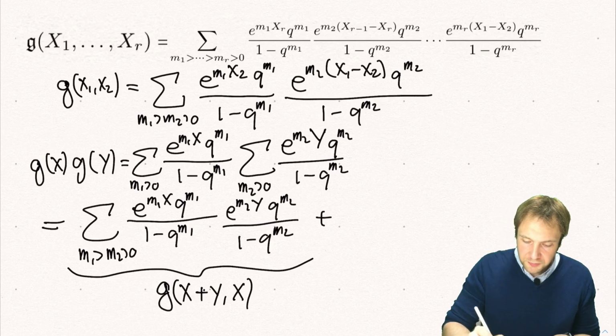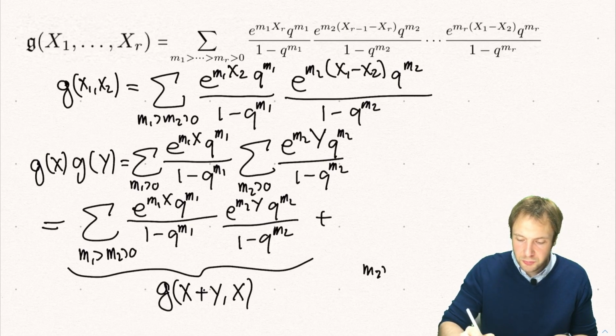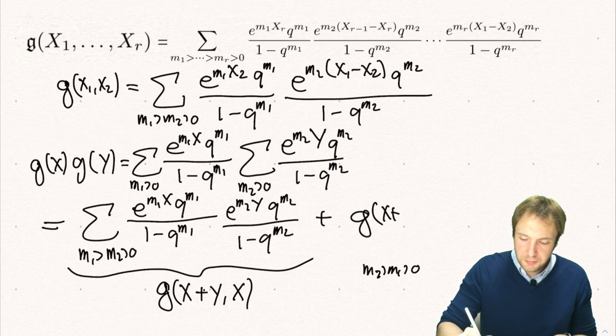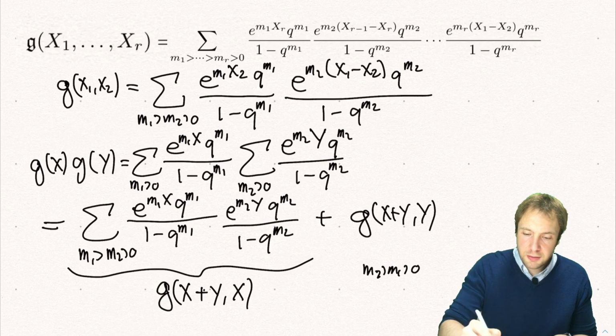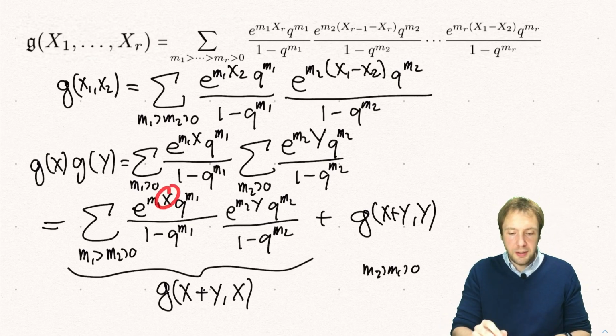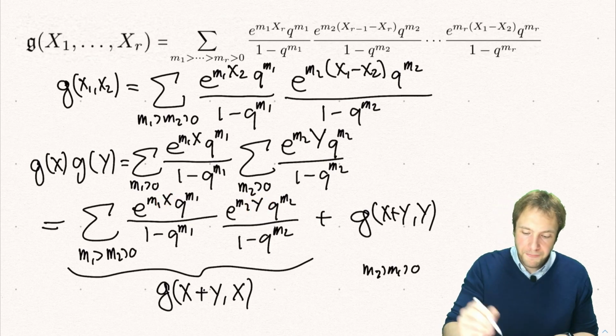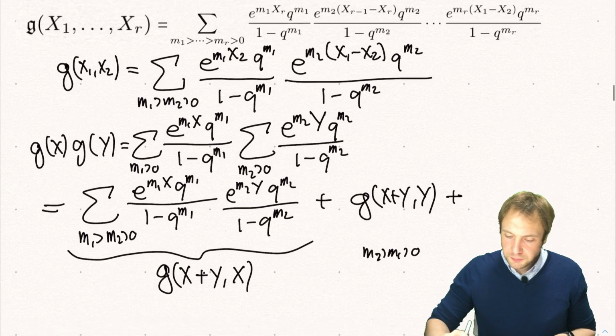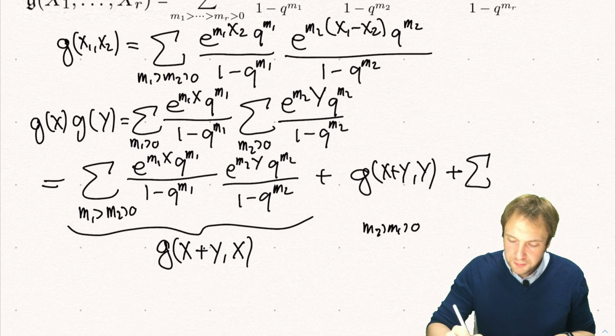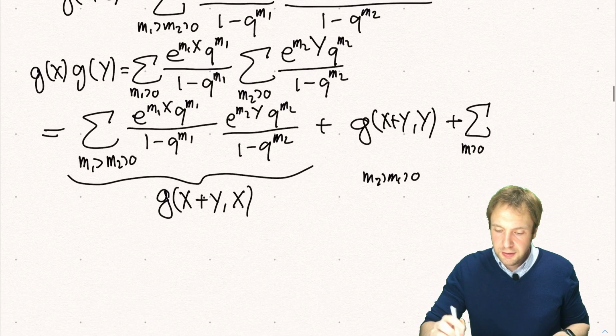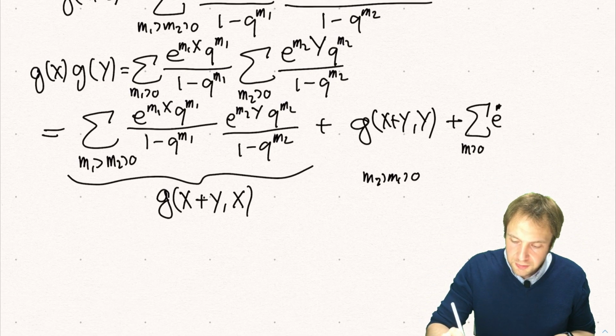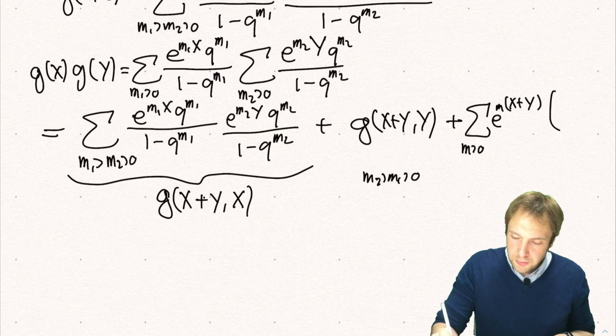And also, if you do the same for the case m2 is greater than m1, then you get g of x plus y, comma y, because in this case we have a y here and an x here, plus, and now we get the case when they are equal, and in this case it is e to the m times x plus y, and now q to the m squared.